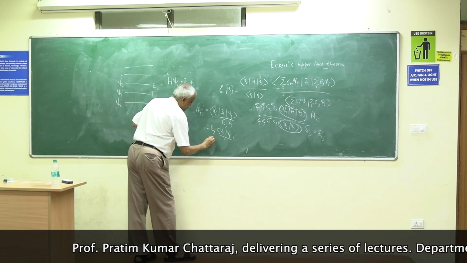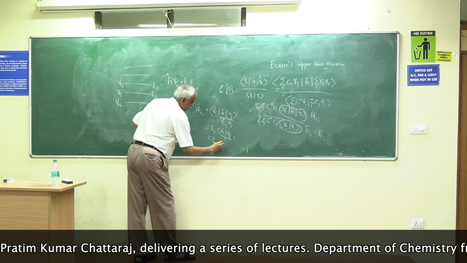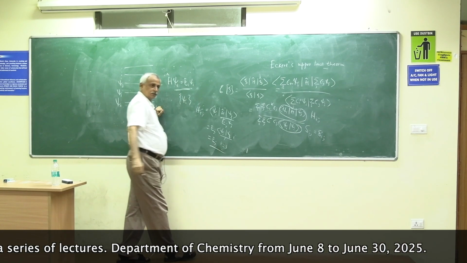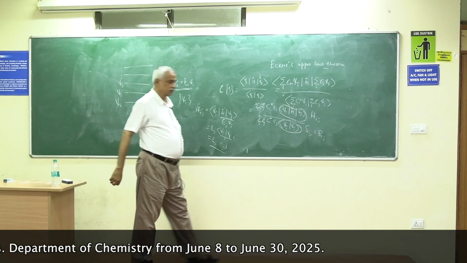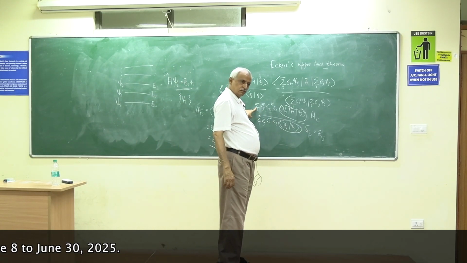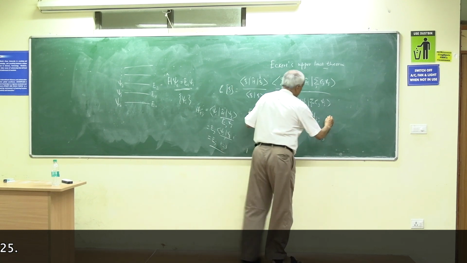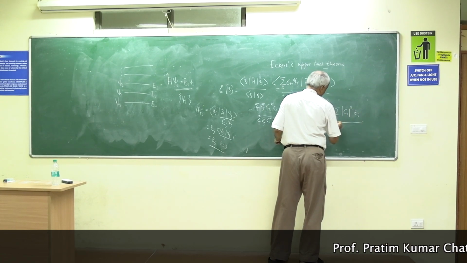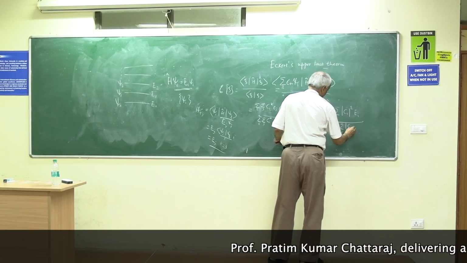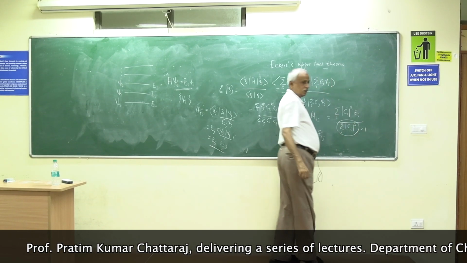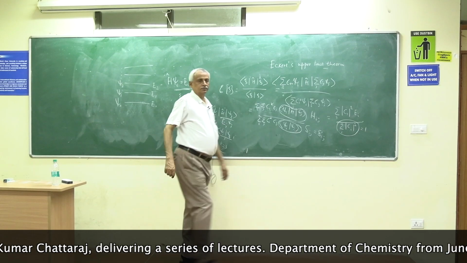That means Hij would be Ej when i equals j, and the rest would be 0. So in this summation only one summation will remain, when i equals j. So this one would be sum over i Ci mod square Ei by sum over i Ci mod square. But as it is normalized, this denominator is also 1.